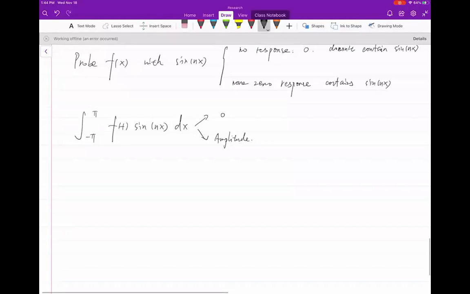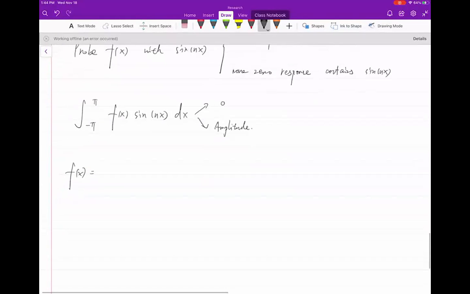Now go deeper. What did you just do? Basically what you did is you decomposed the original signal into A1 sine x plus A2 sine 2x plus A3 sine 3x plus A4 sine 4x, dot dot dot.